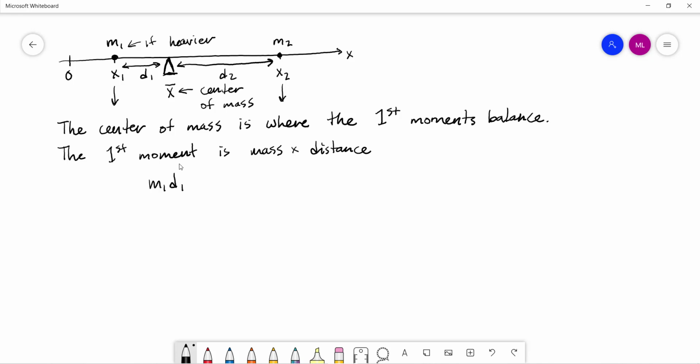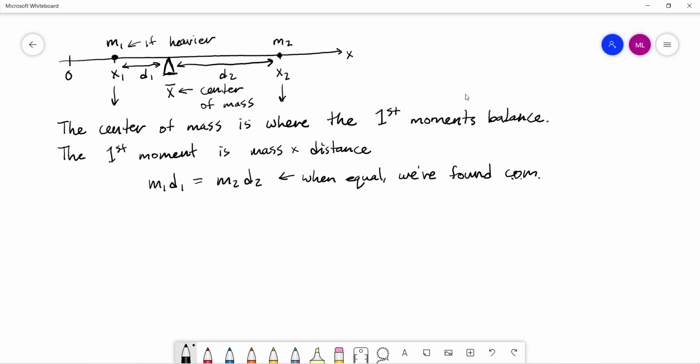I want m1 d1 to be equal to m2 d2. These are the first moments. This is the first moment of this point. This is the first moment of this point. And we're looking for the point where they are equal. When equal, we've found the centroid, or center of mass. Center of mass. Abbreviate it that way, so I don't have to keep writing this out.